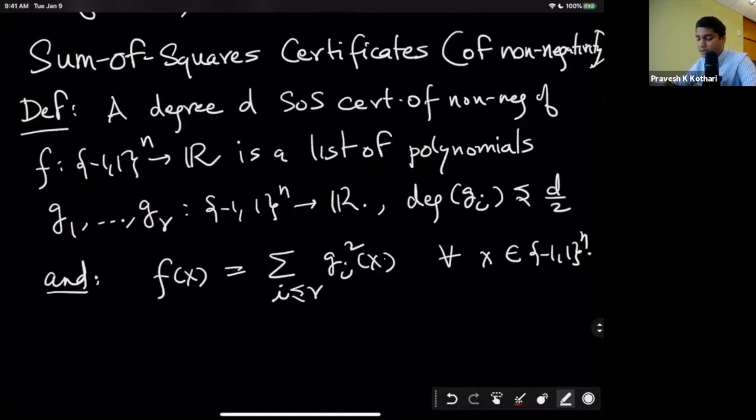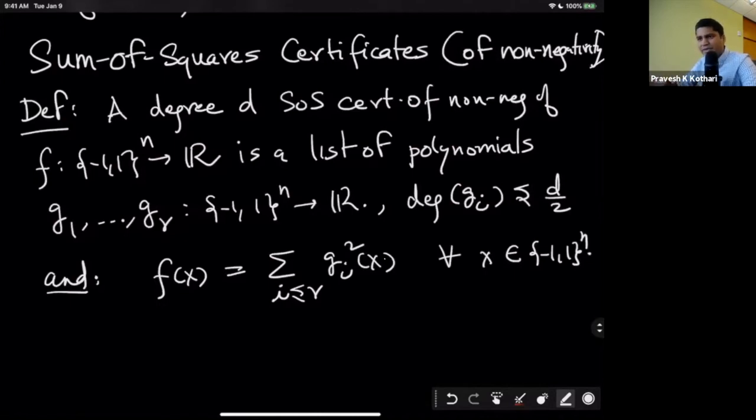If I'm trying to look for a degree D certificate, then each of these polynomials G sub I would be of degree at most D over 2. And this polynomial identity F of x equals the sum over I of G sub I squared should hold over the hypercube. So G1 through GR, I'm going to call that a degree D SOS certificate of non-negativity of F.